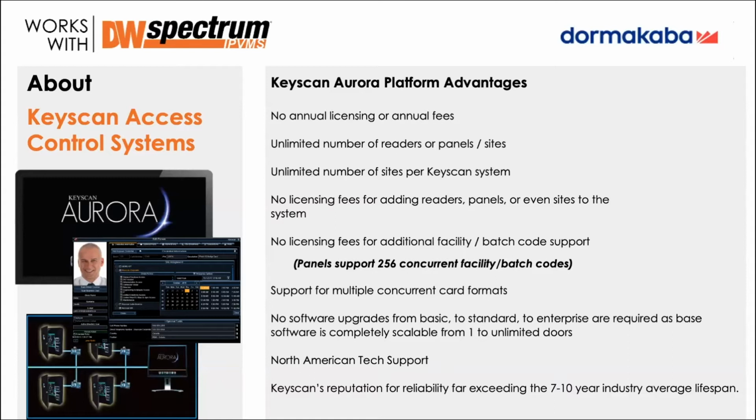We support 256 concurrent batch codes or facility codes in Aurora. Support for multiple concurrent card formats. There are no software upgrades from basic to standard to enterprise. There are bolt-on licenses that you can get for integrations like the Digital Watchdog integration. Our tech support is North American based, and we have it available in English, Spanish, and French.